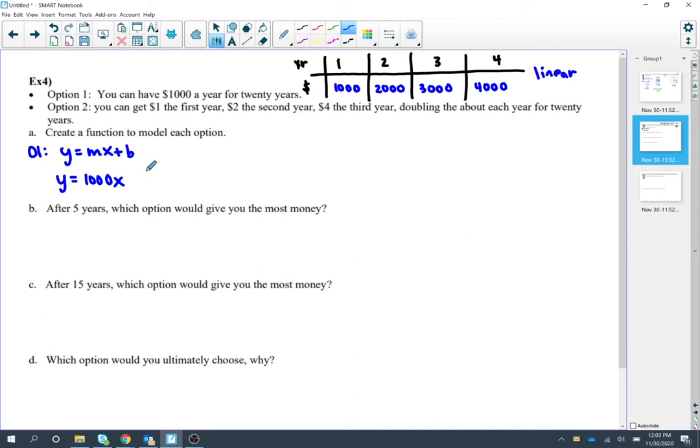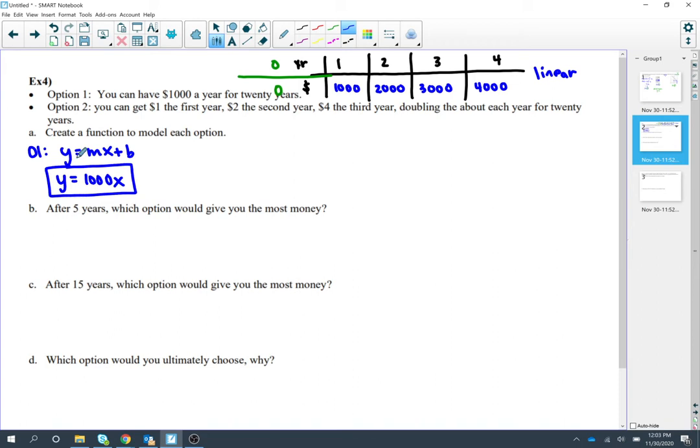Now, your y-intercept, if you're looking at a table, is when your table started at 0. In my table, I didn't start at 0, so I'd almost have to go backwards to year 0. Well, if I'm adding 1,000 each time, I would have to subtract 1,000, which means I started with no money. So here we would put plus 0, but you really don't need that, so I'm going to get rid of it. And this would be your equation to model option 1.